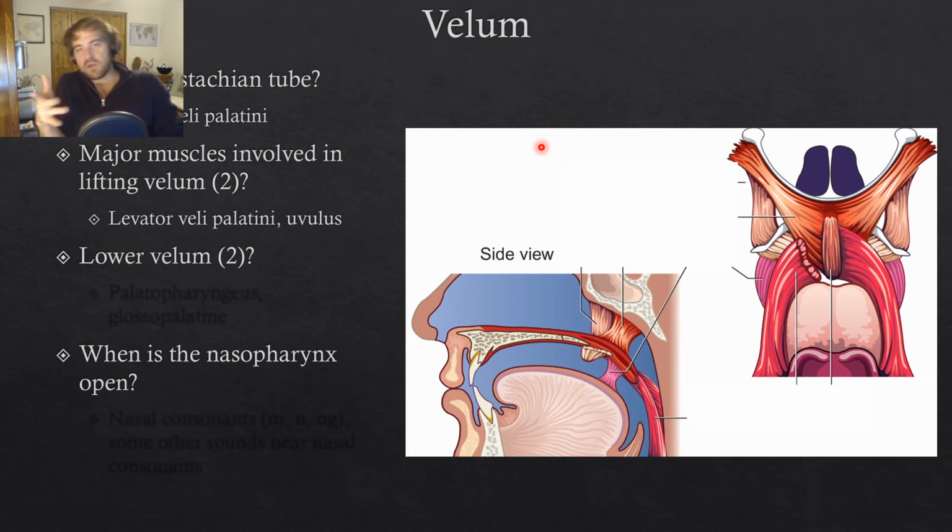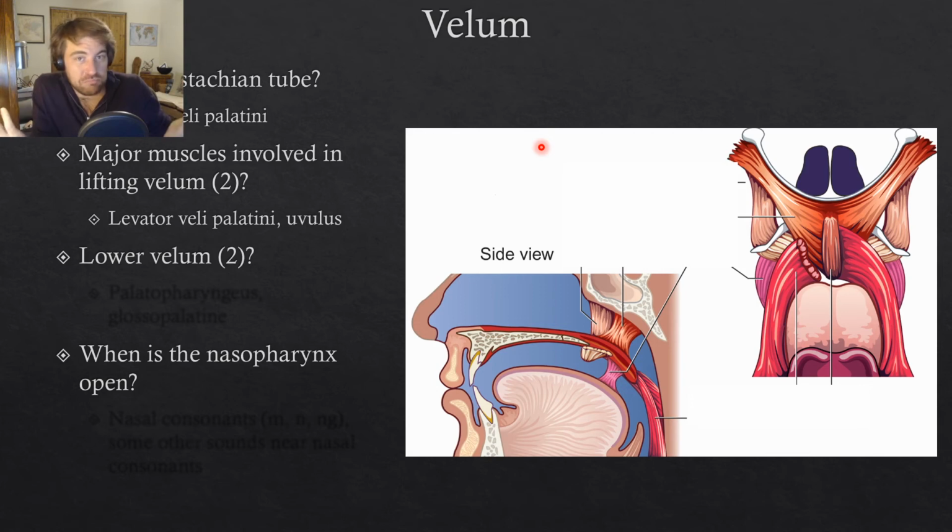But what about lowering the velum? One of the things that can lower the velum is gravity, just going back to its natural state. But sometimes we want to lower the velum quickly, rapidly for talking. Like when we were saying, not runt, that's going to go the other way. But let's say like tomb.